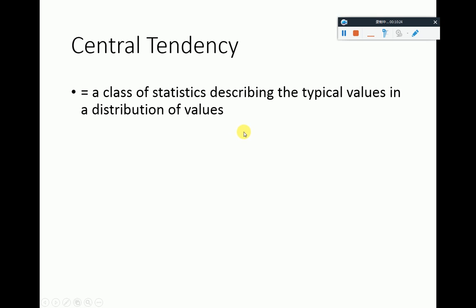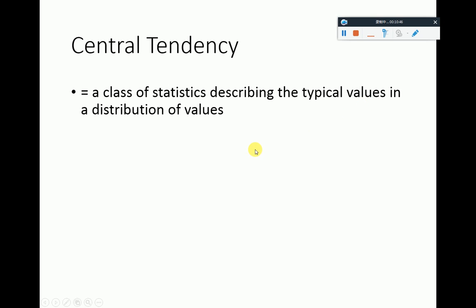And you might ask, what do you mean by typical values in a distribution? Well, that's a very good question. It turns out that there are at least three meanings of this phrase.